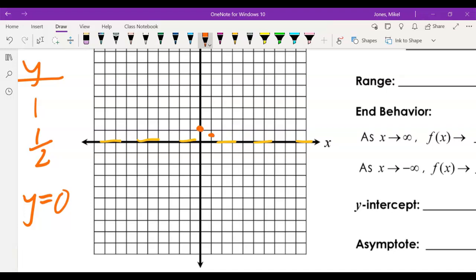Do you feel like that's enough points for us to know what that looks like? Maybe, what if I plug in -1? What would 1/2 to the -1 be? Remember, when I have a negative exponent, it tells me to flip the 2. So if I had a -1, it would be a 2. What if it had been a -2?